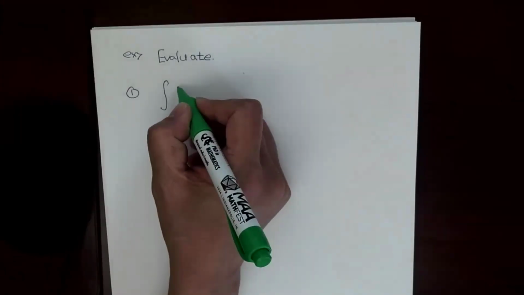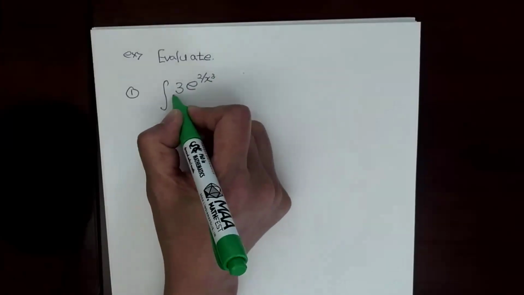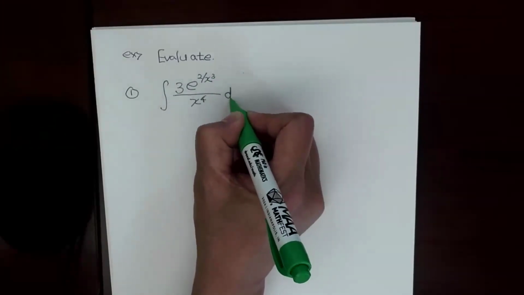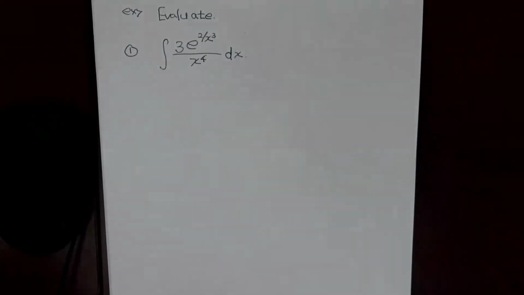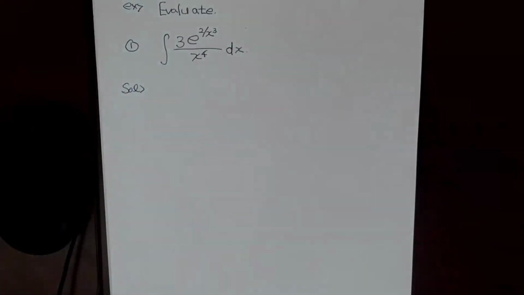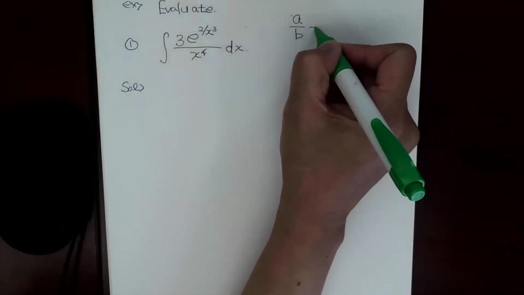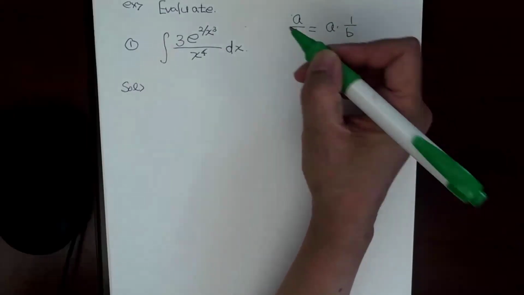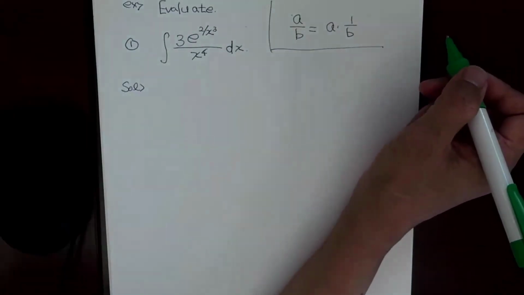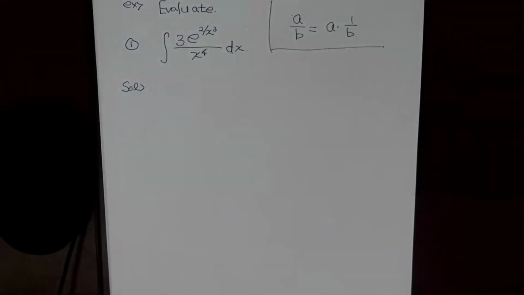The first question is integration 3 times e to the 2 over x cubed over x to the 4th power dx. This is a fraction of functions. So what we want to do is regard the fraction as a multiplication of two functions like this, and then we can see which part is the derivative of what.